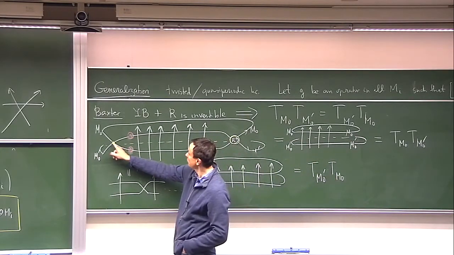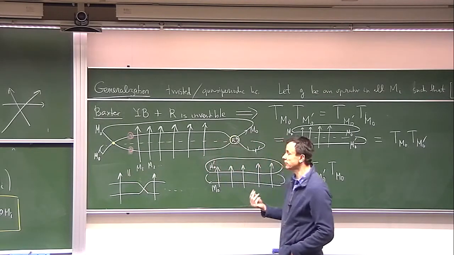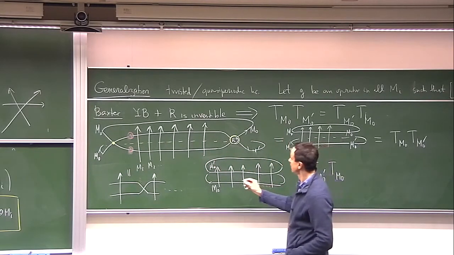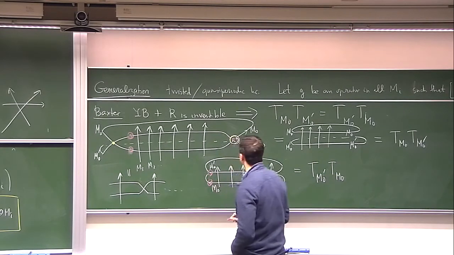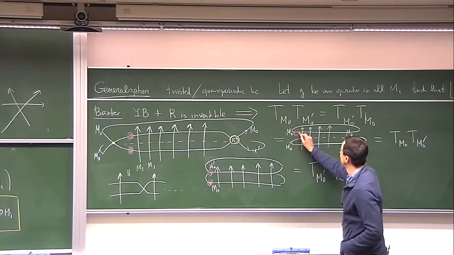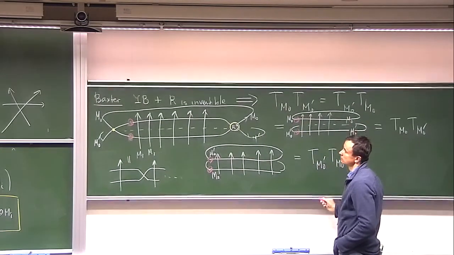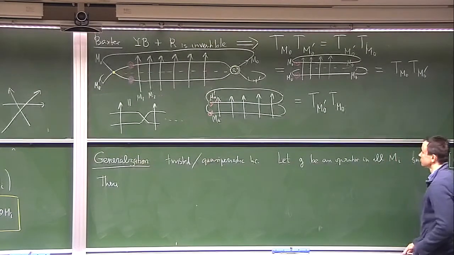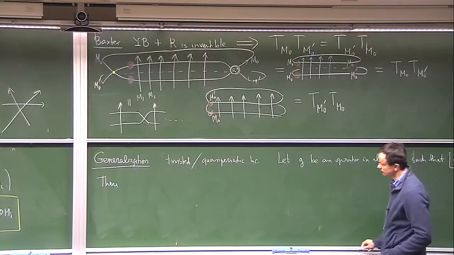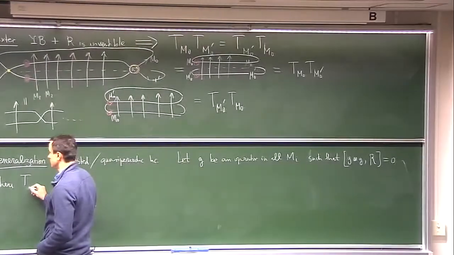So I can bring this dot past this G and G. And the rest is the same. So I get G, G, G, G. Then this matrix is then Tm0.